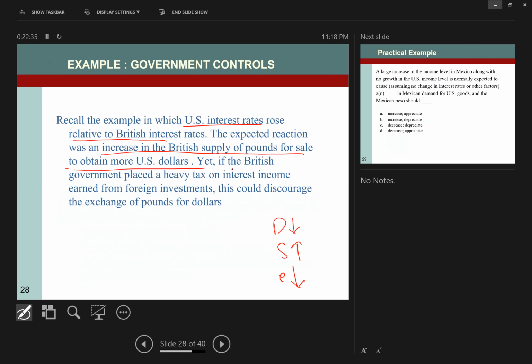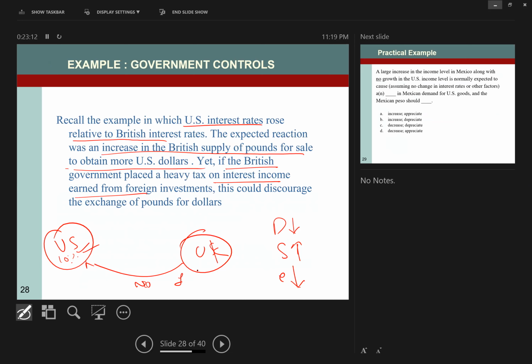So if the British government placed a heavy tax on interest income earned from foreign investments, if the UK says that there's going to be no flight of capital, which means you are not allowed to save with US banks and earn 10%, or if you're allowed to earn 10%, then there's going to be a tax on these 10% as well.